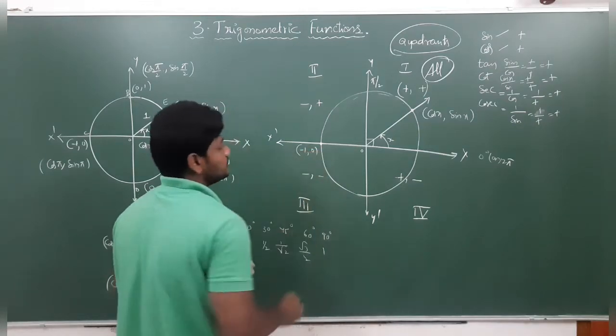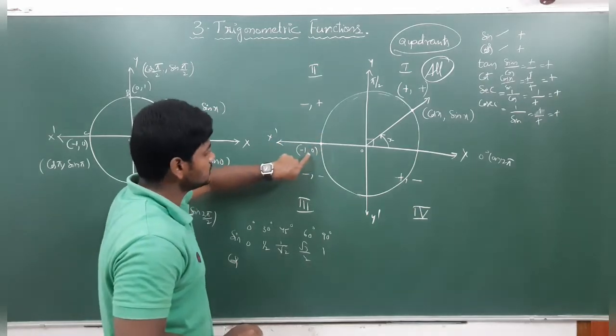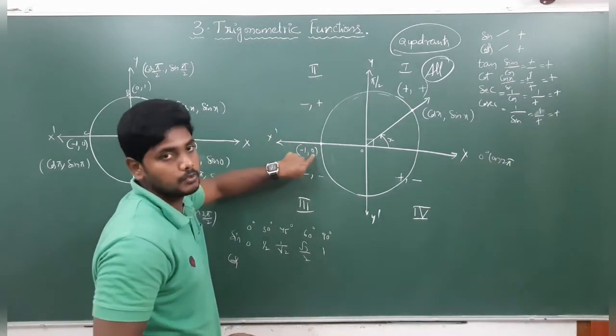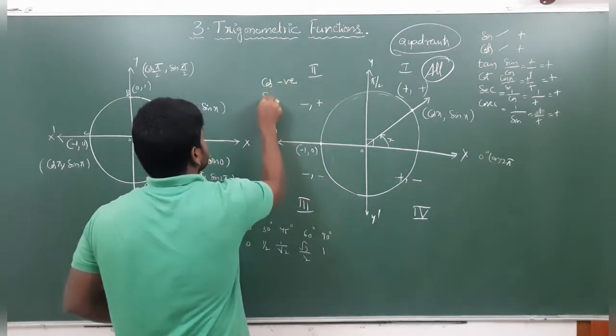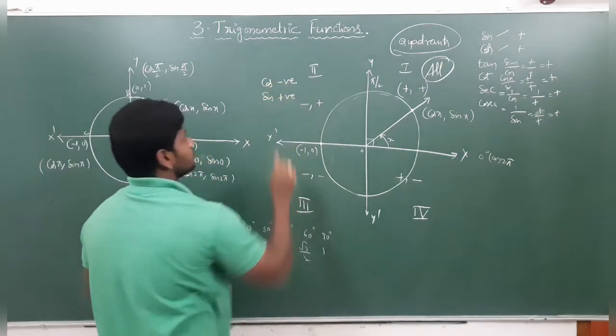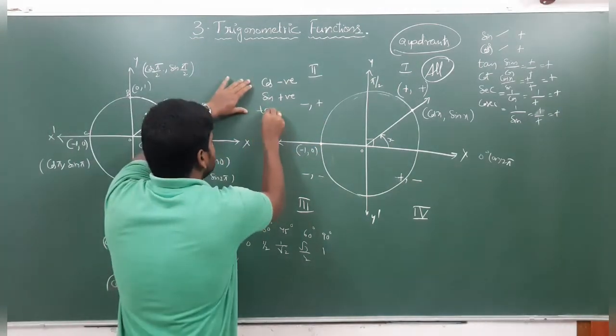Minus 1 comma 0. That means in between, cos is negative and sin is positive. So minus and plus.